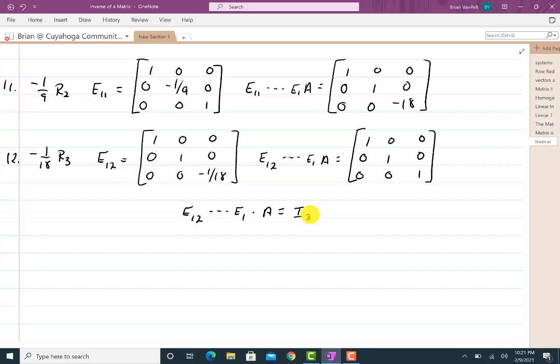But one thing that you should know is that each of these E sub I matrices are all invertible because they're just one step, and you can always reverse one step. So they all are invertible. Now all of this stuff, that is A inverse. So you can go ahead and multiply them all out if you want to, but you'll get exactly the same thing that we got previously.